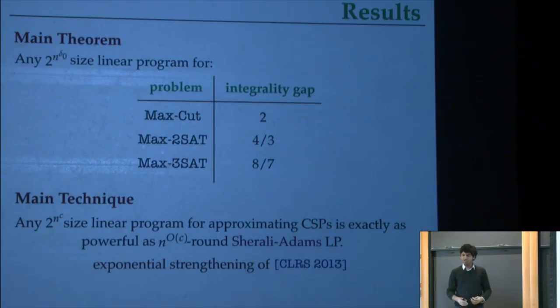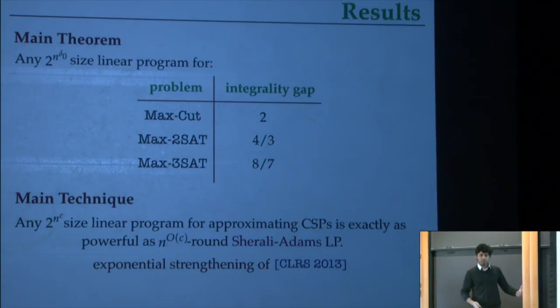The issue of course was that their technique broke down to show this connection for any LPs larger than n to the log n in size. What we are giving today is an exponential strengthening of the result of CLRS. Again we will touch upon this topic also. There is a reason why the technique of CLRS would break down. In some sense the technique is doomed to go beyond n to the log n.